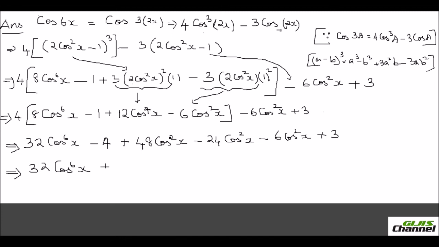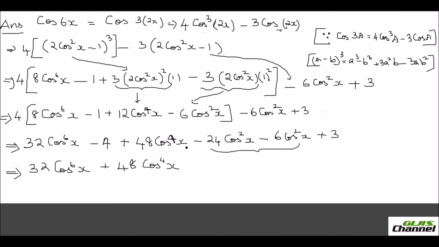When you square this becomes 4. So this is also 4 here, sorry. Now this would be 48 cos raised to 4x.